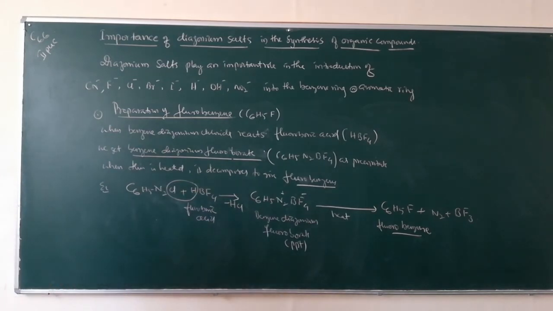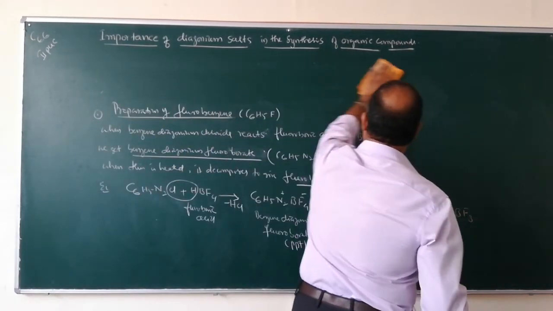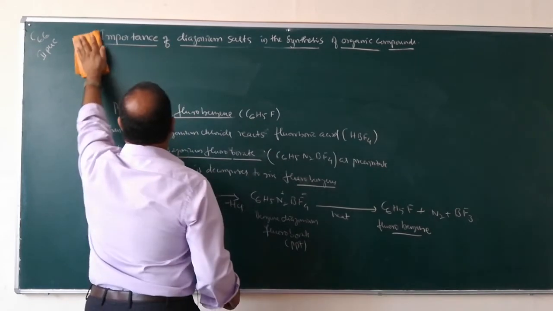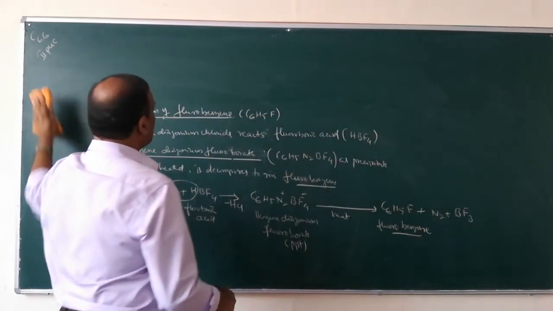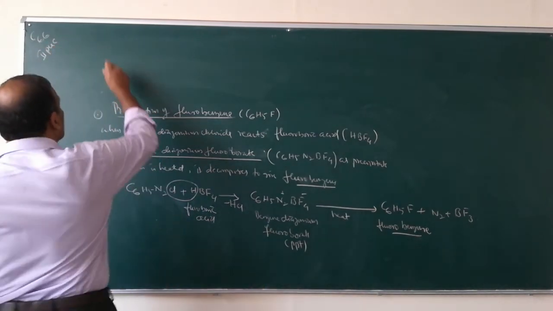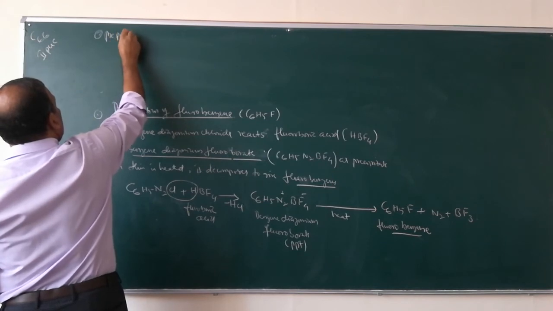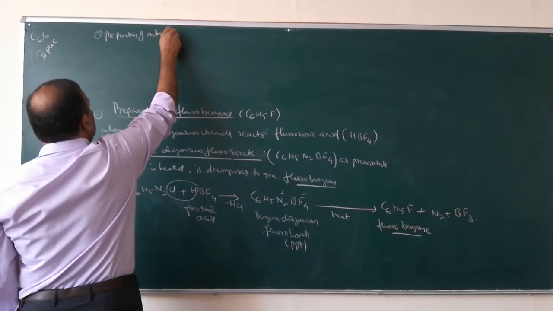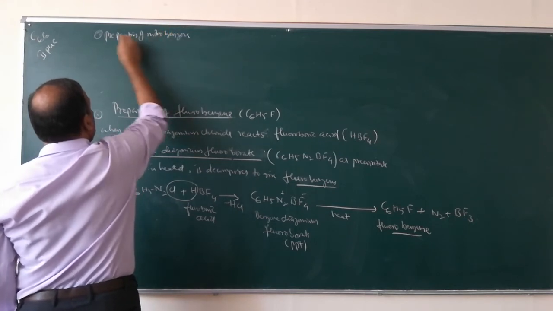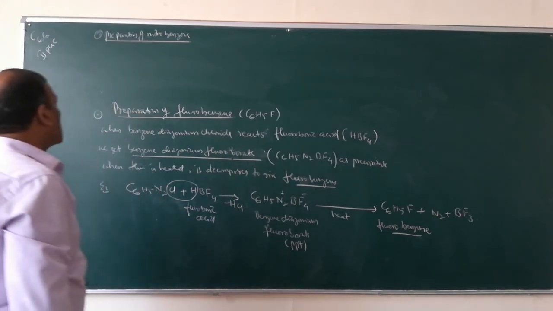So number 2, preparation of nitrobenzene. So these are all from diazonium salts.